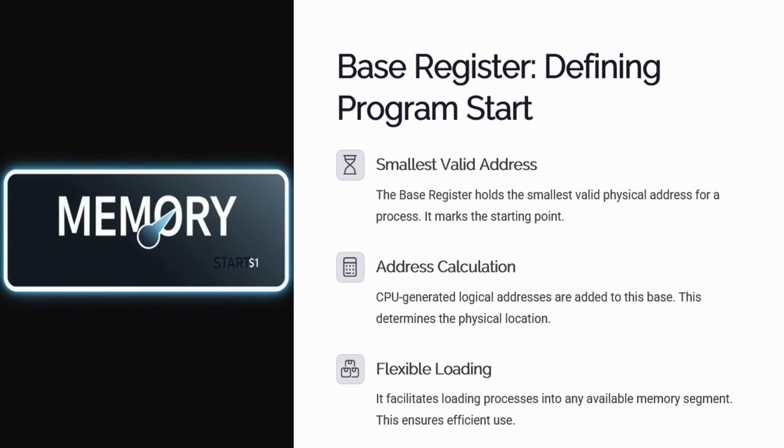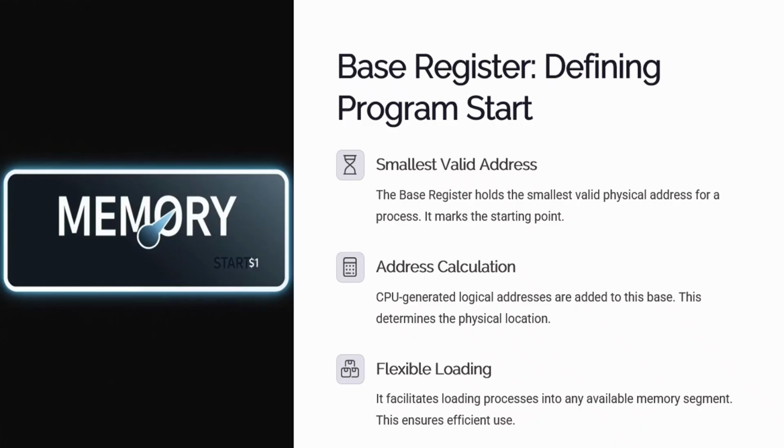Let's move to the base register. The base register holds the smallest valid physical address a process is allowed to access. In other words, it marks the starting point in memory for that program. When the CPU generates a logical address, it is added to the base register to calculate the actual physical address. This makes sure the program only accesses its designated memory area.